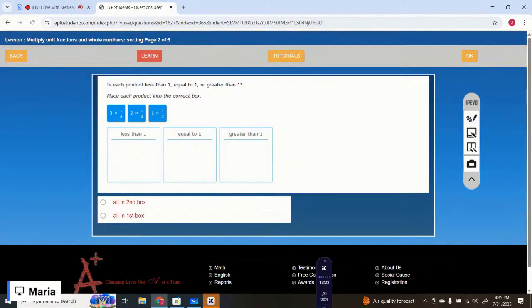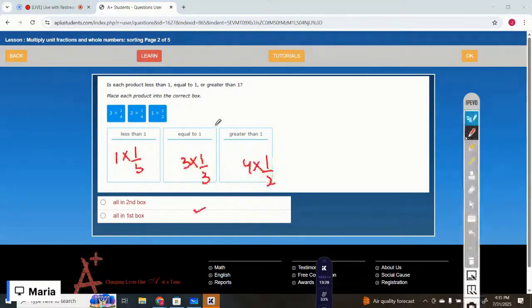Is each product less than 1, equal to 1 or greater than 1? 3 times 1 by 4, 2 times 1 by 4, and 1 times 1 by 4. 3 times 1 by 4 is less than 1. 2 times 1 by 4 is less than 1.